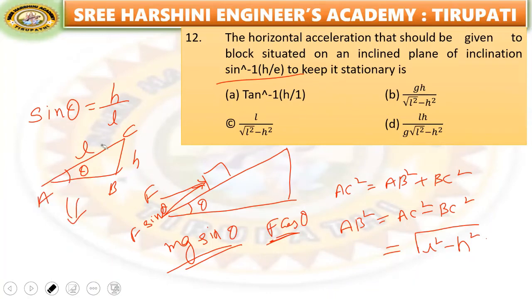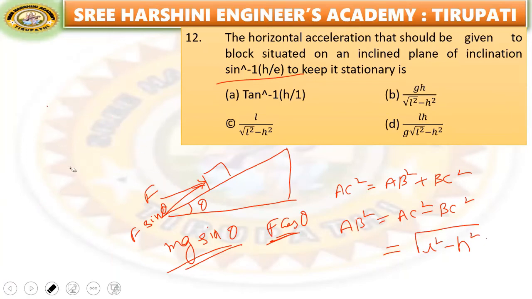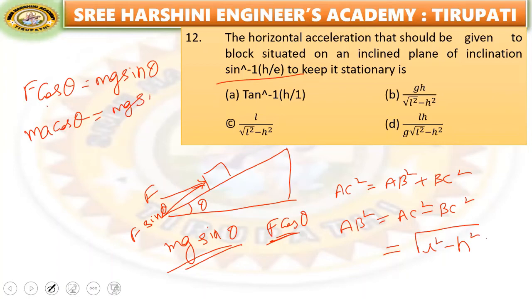F can be written as ma, so ma cos theta is equal to mg sin theta.